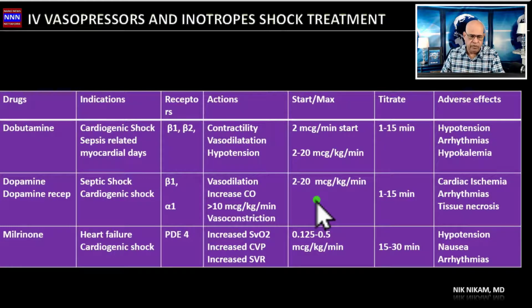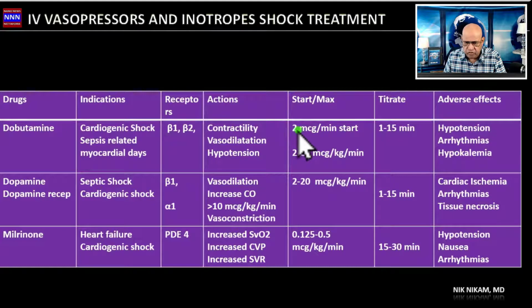Let's talk about dobutamine, which is most often used in patients with heart failure and congestive heart failure, and also in cardiogenic shock. It's also used in sepsis-related myocardial dysfunction. It predominantly stimulates beta 1 and beta 2 receptors. It improves contractility, causes some vasodilatation, and it may cause mild hypotension.